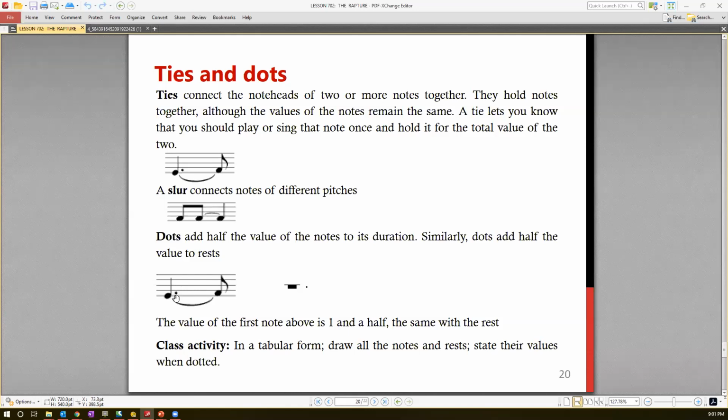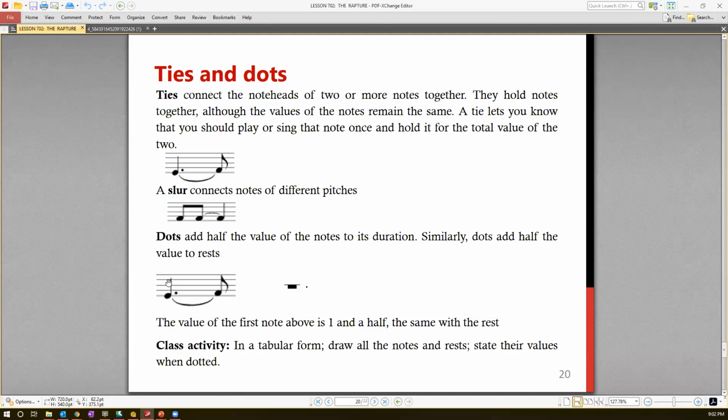So we know that it adds half the value of this crotchet, or whatever note it is. Now we're dealing with a crotchet, so it will add half the value of the crotchet. The crotchet is one beat, and when we add half, 1 divided by 2, it'll be 1.5 beats.